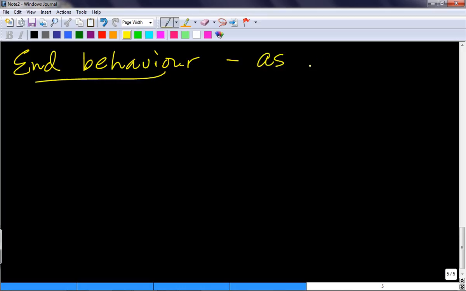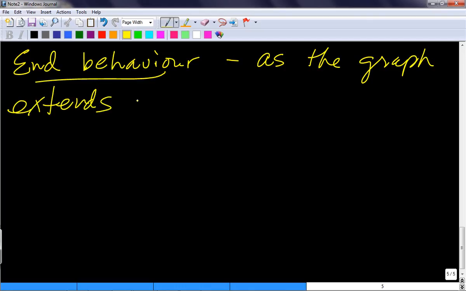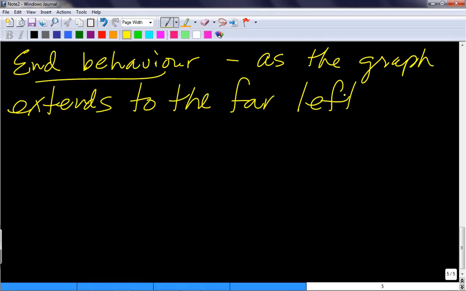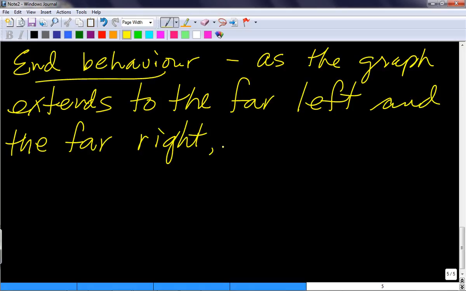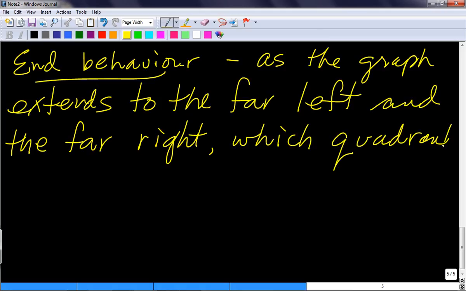As the graph extends to the far left and the far right, which quadrants, either 1, 2, 3, or 4, and I'll go over that too in a minute, which quadrants is the graph in?